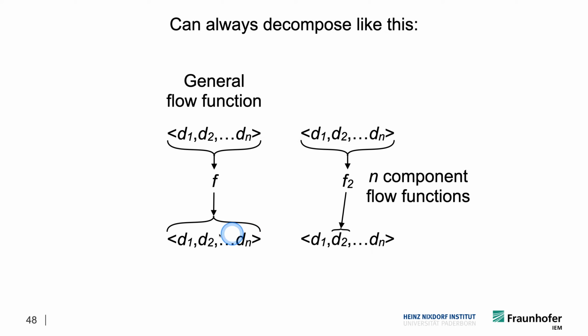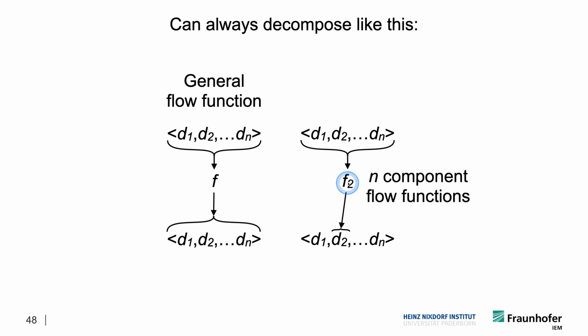So we can first compute only D1 based on all these different inputs, and then we can compute only D2 and so on, right? In the simplest case, if you wanted to define such a function f2 that computes only D2, you could really take all of f and simply project away all the other components. But often there are obviously more effective implementations of these individual component flow functions.